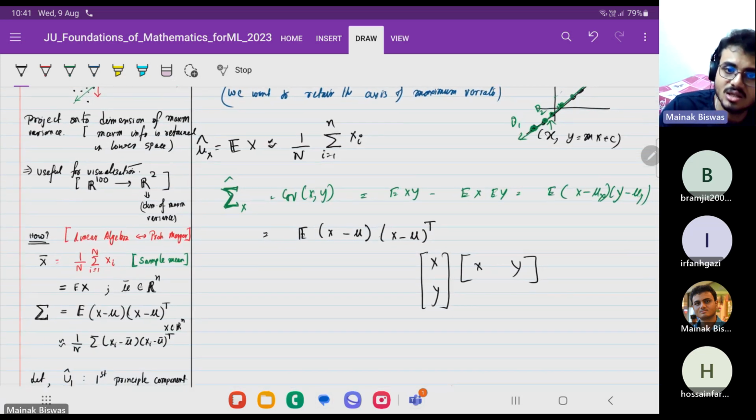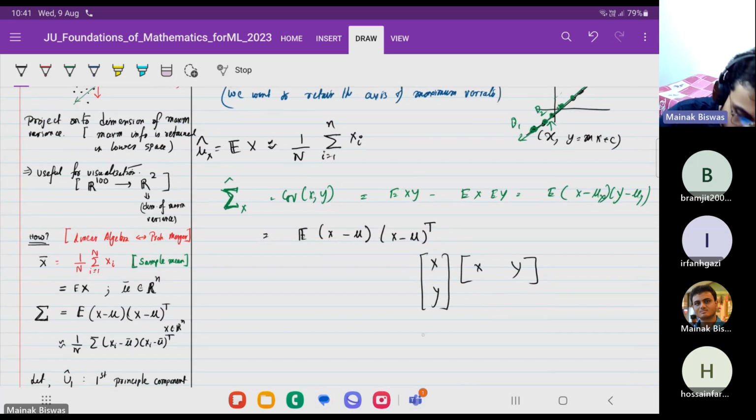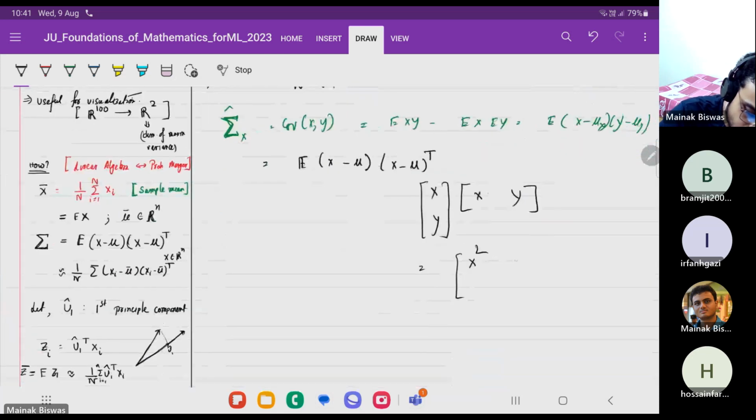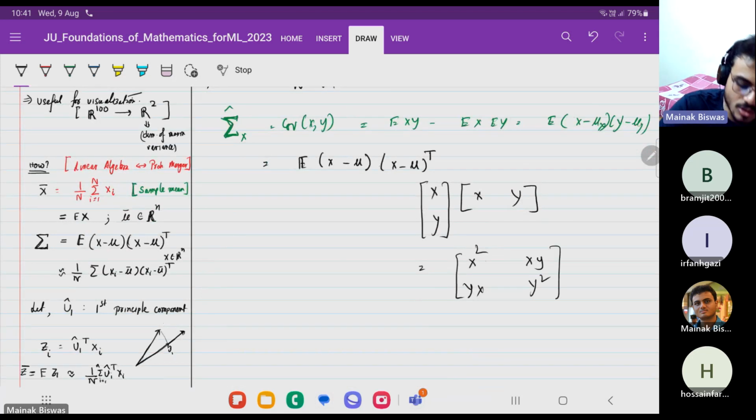Say your mean is 0. So what is the product? You have a matrix with x square, xy, yx, y square. Yes or no? Yes. So this is your x, this is your x transpose, say.